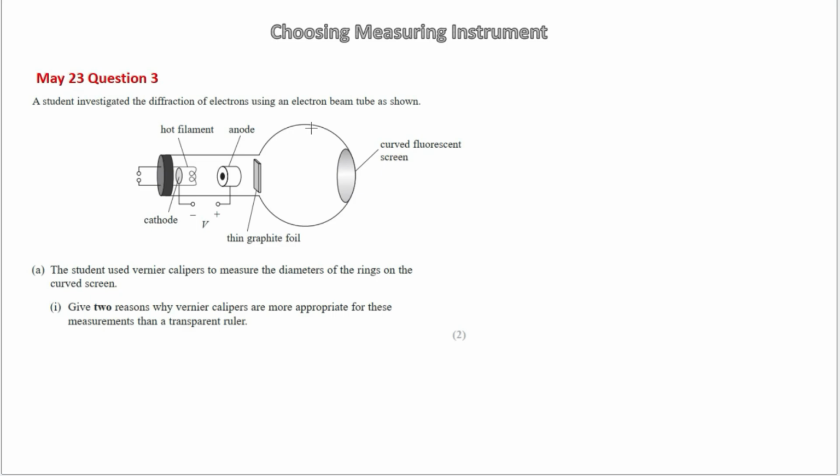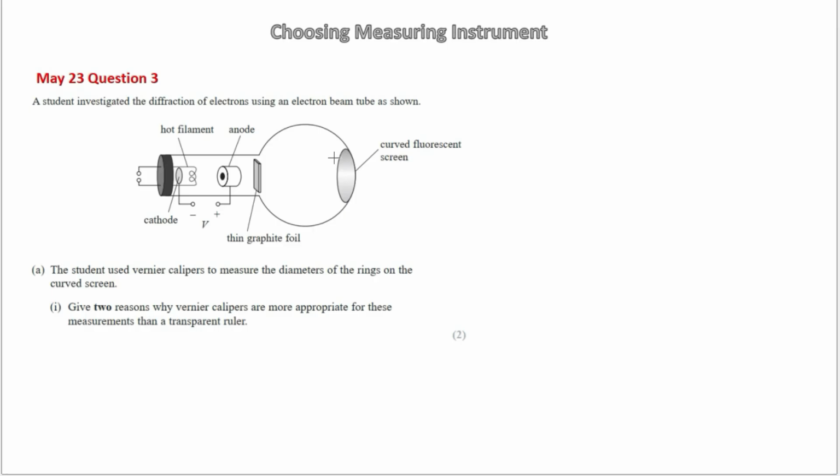So you see, this is a curved screen and there are rings that you have to find the diameter of. So how exactly do you take readings from a curved screen with a meter rule? There will be parallax error. The meter rule will not line up perfectly with the curved screen, right? So that's why the tips of the vernier caliper will align perfectly on the screen.